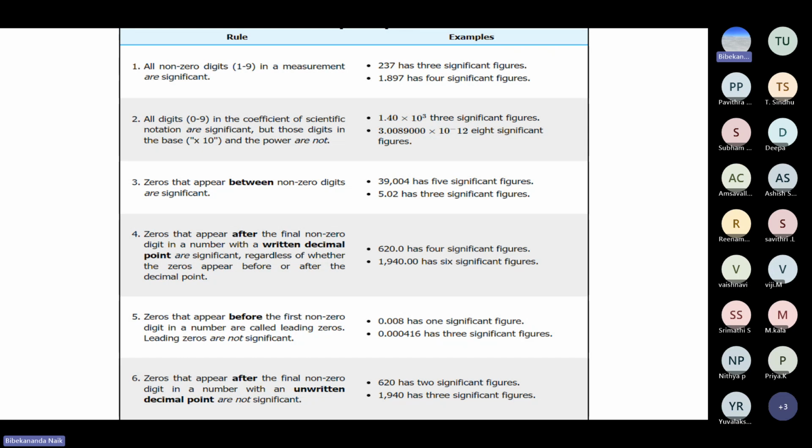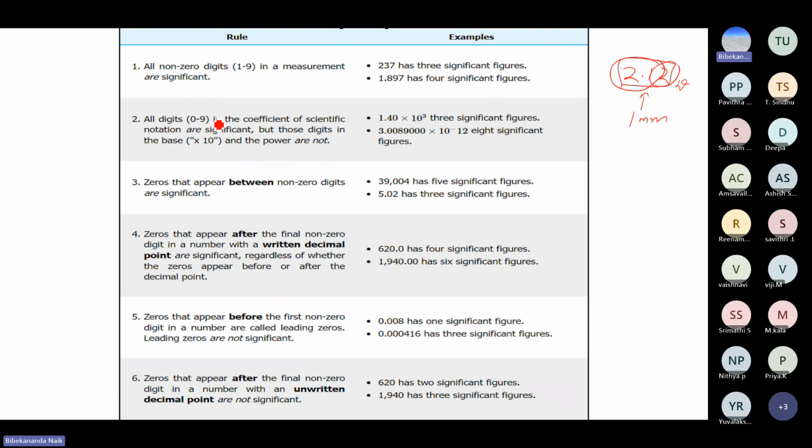Suppose the measurement value we took is 2.12. Then 2.1 is the actual reading because the least count of the scale is 1 millimeter, and this 2 is the doubtful digit. However, all these three digits, since they are non-zero, are significant. So all non-zero digits in a measurement are significant.